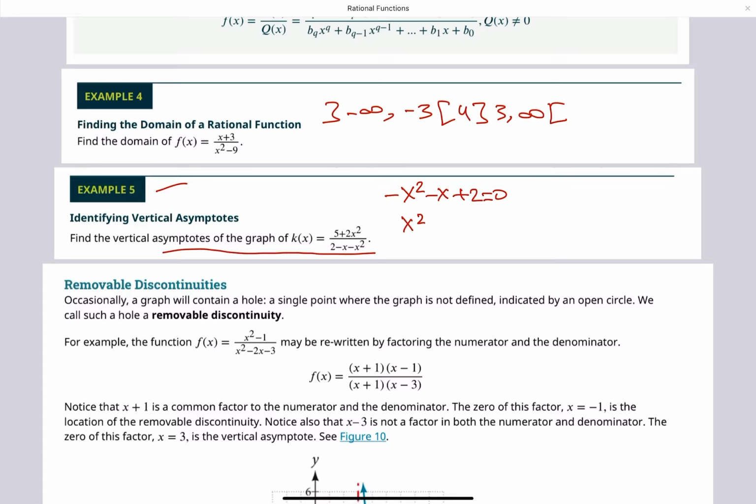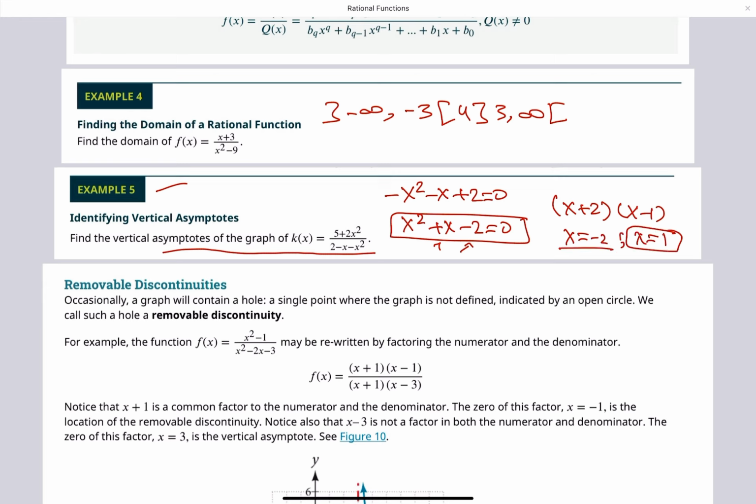Now I have x squared plus x minus 2 equal to 0. What are the two numbers that multiply to give me negative 2, but if I add them, they give me 1? That would simply be x plus 2 times x minus 1. So x equals negative 2 is one vertical asymptote, and x equals 1 is the other vertical asymptote.